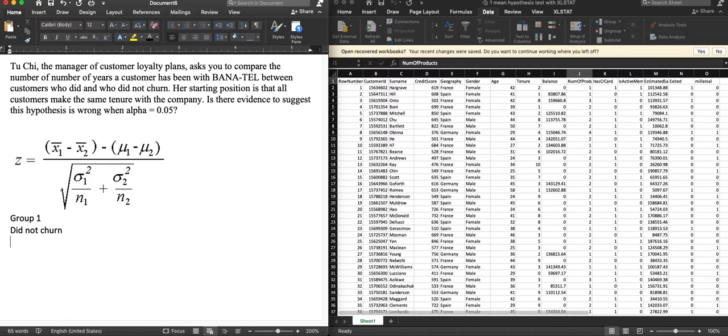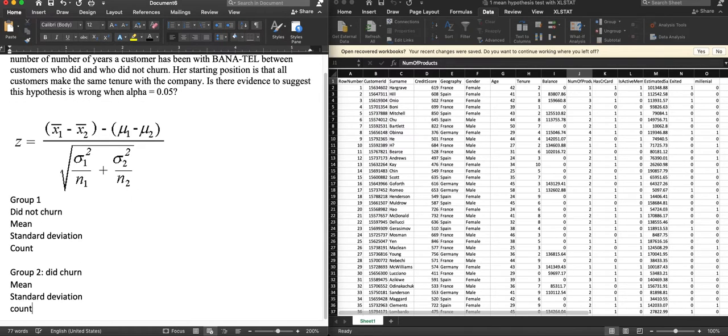So we need to know their mean, standard deviation, and count. Group 2 did churn. We'll need to know their mean, standard deviation, and count. Okay, mean, standard deviation, count.